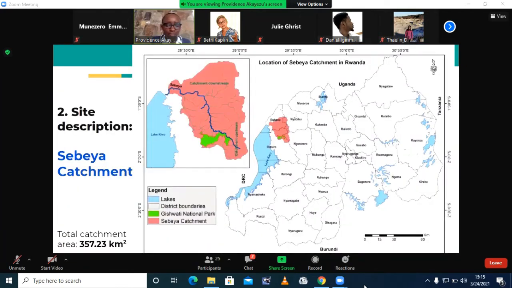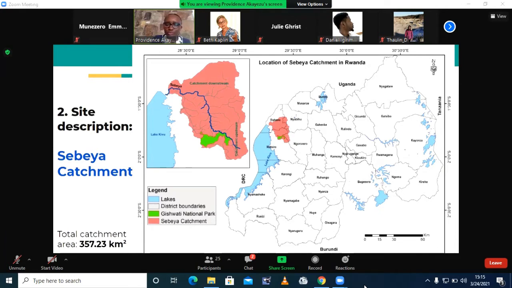Coming to the description of the site. The Sebeya Catchment, as I said before, is located in northwestern Rwanda. As you see on the map, the catchment occupies a total area of 357 square kilometers, which is almost 1.3% of the total country surface.